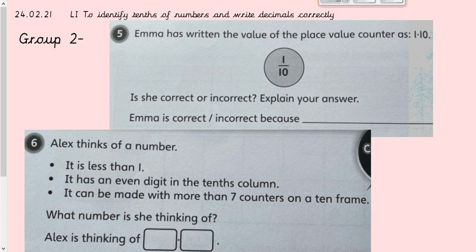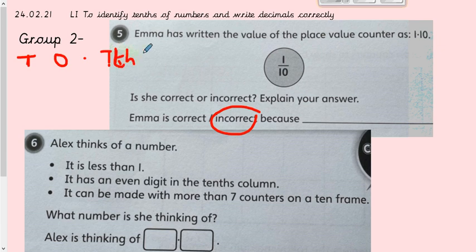And the second part of Group 2, it says Emma has written the value of the place value counter as 1.10. Is she correct or incorrect? Explain your answer. So she's actually incorrect, because the place value counter shows just 1 tenth. So if you had a place value grid, if I do tens, ones, decimal point, then tenths.